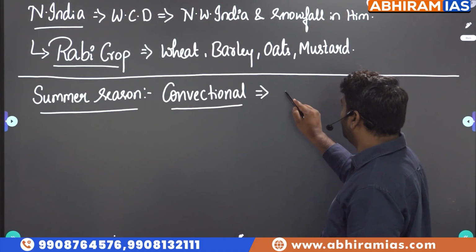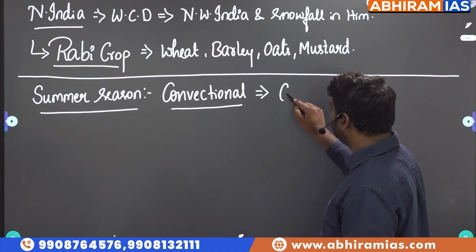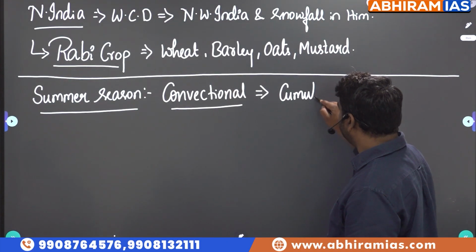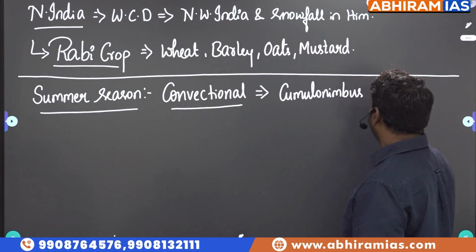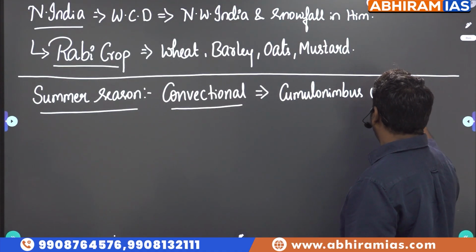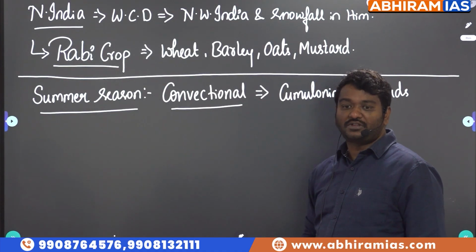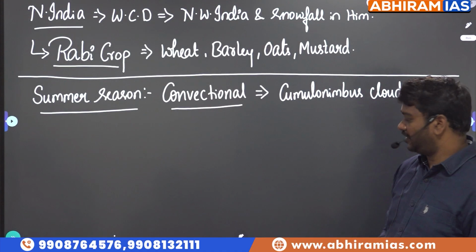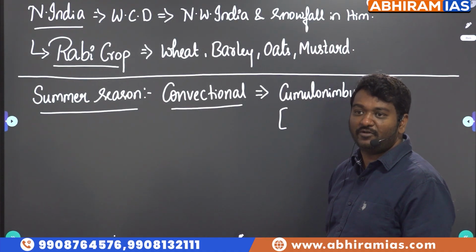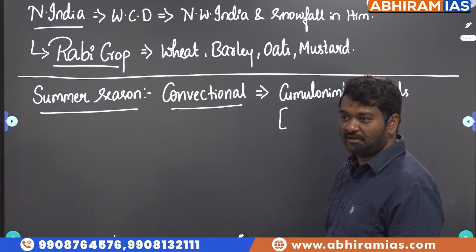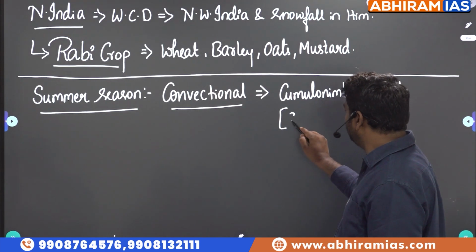Convectional rainfall is associated with, can we say, cumulonimbus clouds? Which leads to thunderstorms and lightning. Which time of the day will you get rainfall? Evening, right? This is evening rainfall.